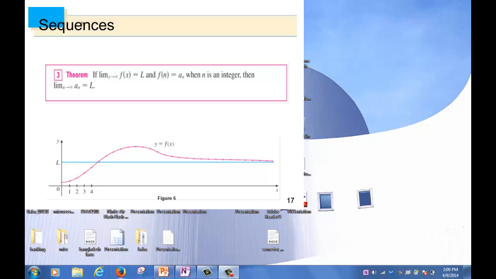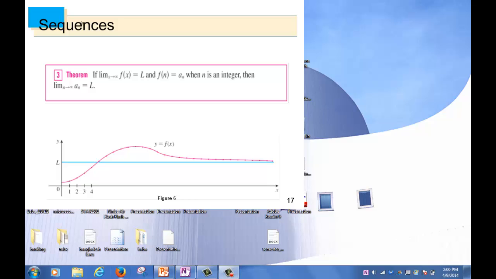So let's say the curve is the graph of the function f of x, and the dots here constitute the graph of what? The sequence. And if the limit of f of x is L, right, is it obvious that the limit of the sequence should also be L?